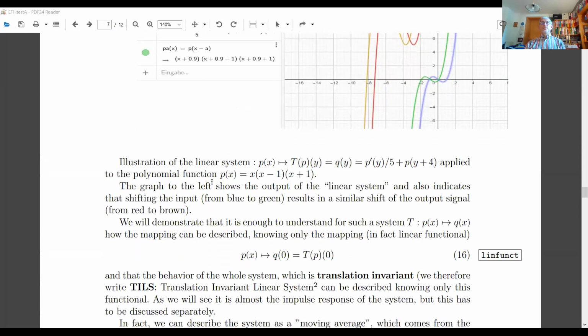I've taken as a standard polynomial in the cubic domain the polynomial which has zeros at -1, 0, and 1, the blue polynomial curve. So it means x minus 0, times x minus 1, which gives the zero at +1, times x plus 1, which gives the zero at -1.